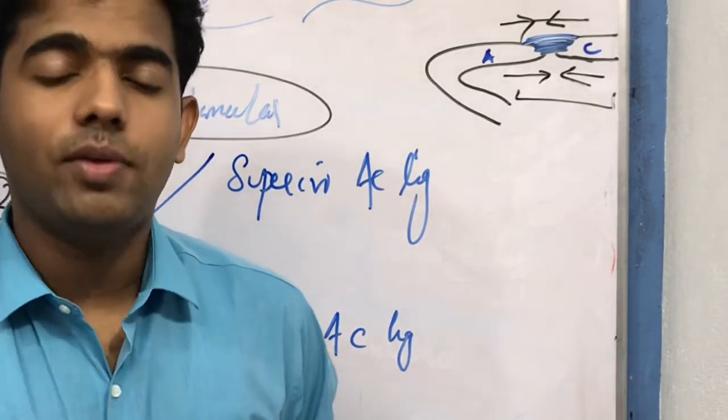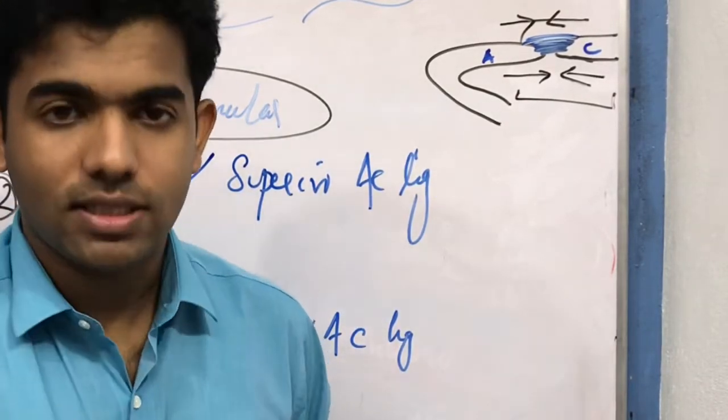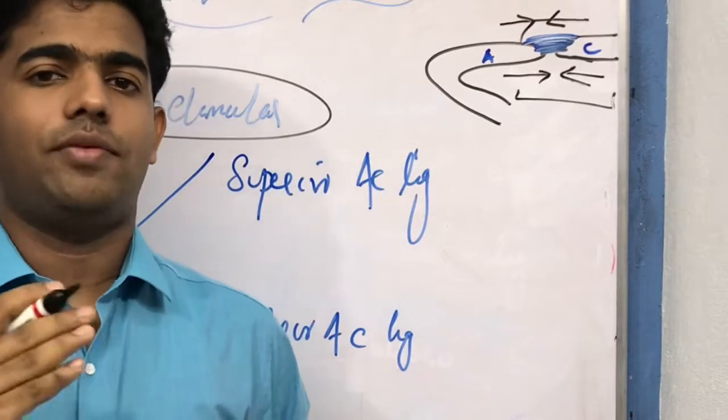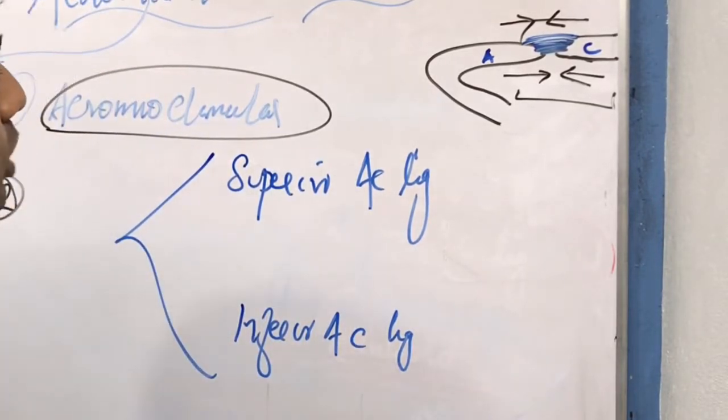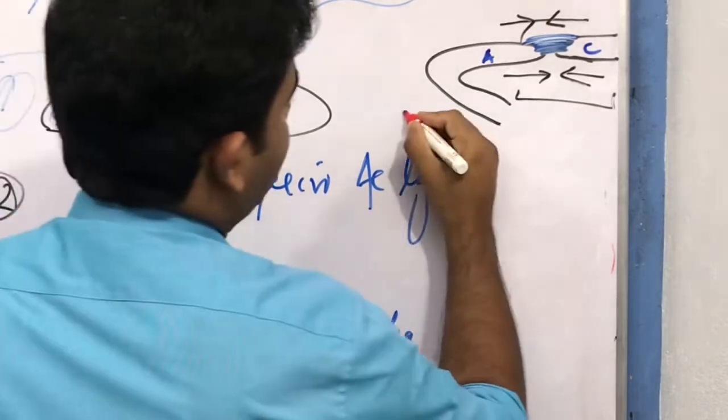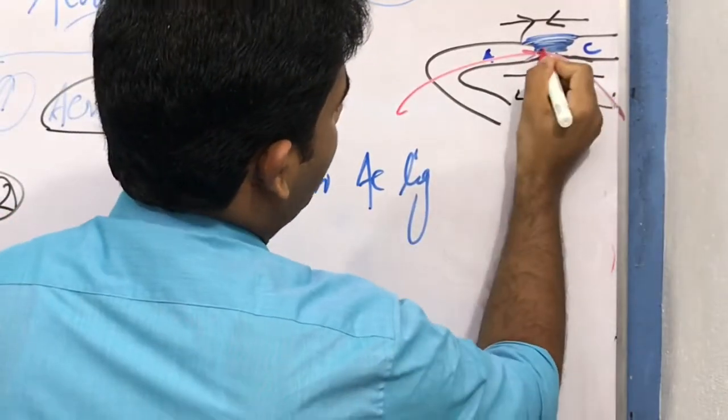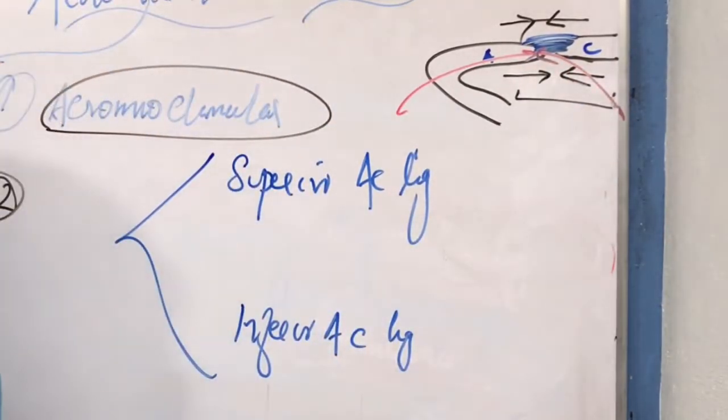So the acromioclavicular ligament reinforces the capsule of the acromioclavicular joint in such a way that it helps in bringing together the both articular surfaces. That is a major function of the acromioclavicular ligament.